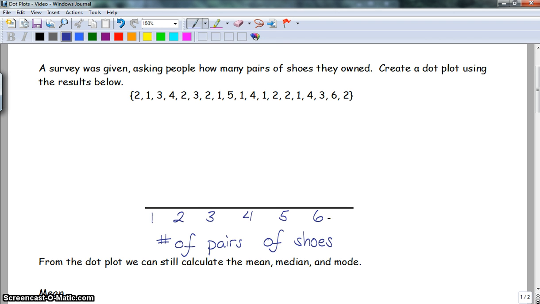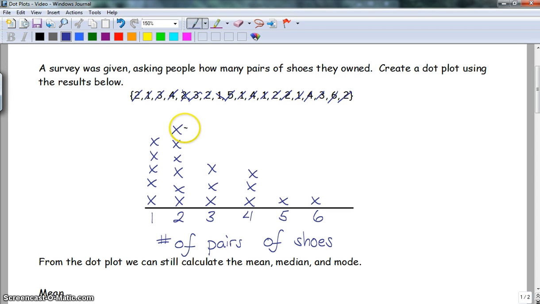So from here, all I'm going to do is take a number and represent it as a point. So 1 pair of shoes, 3 pairs of shoes, 4 pairs of shoes, 2, 3, 2, 1, 5, 1, 4, 1, 2, 2, 1, 4, 3, 6, 2.